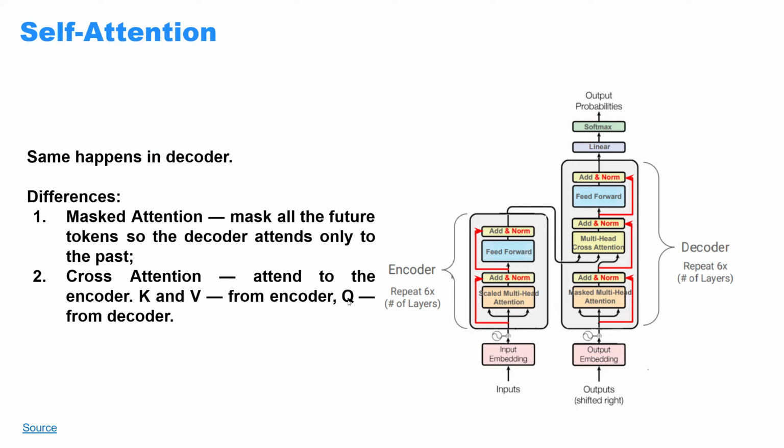So the decoder asks what it needs from the encoder, and it gets the information from K and V that come from the encoder. And add and norm are the same. Then we have a linear layer and a softmax to get output probabilities to predict the next token of our sequence.